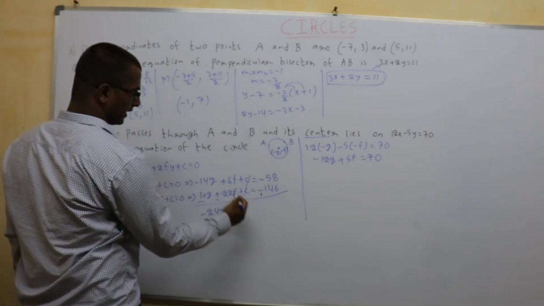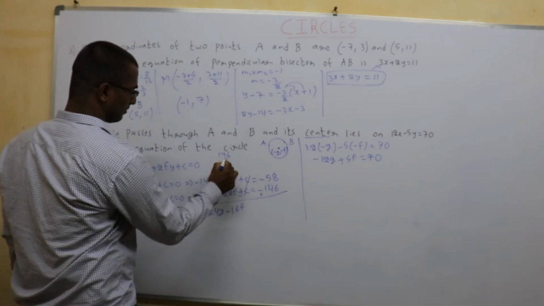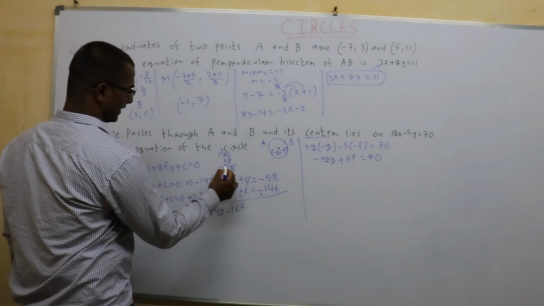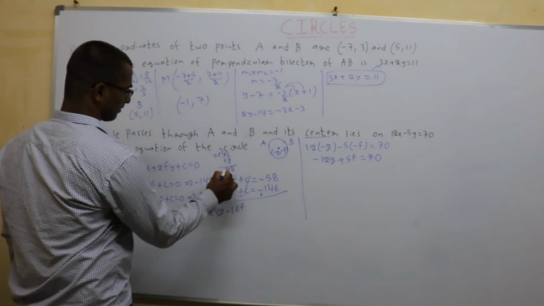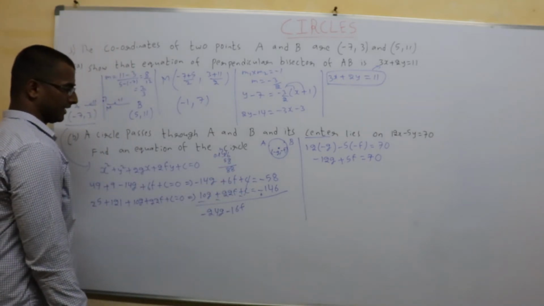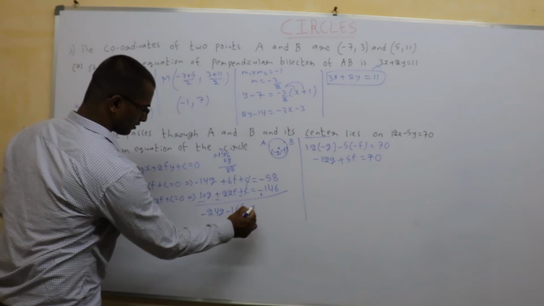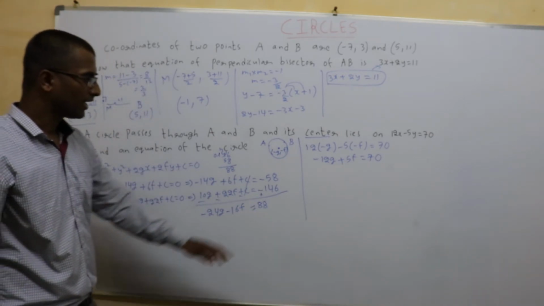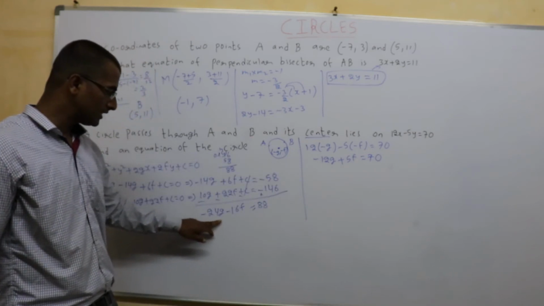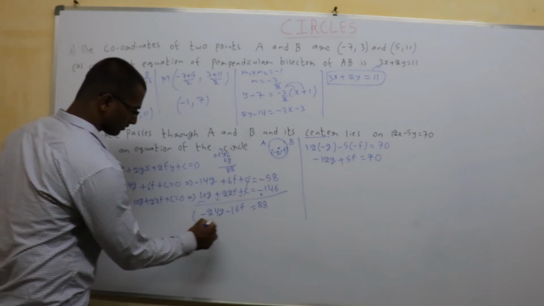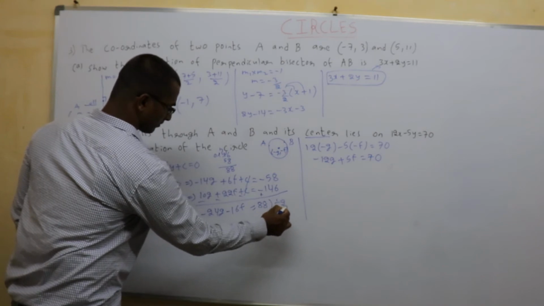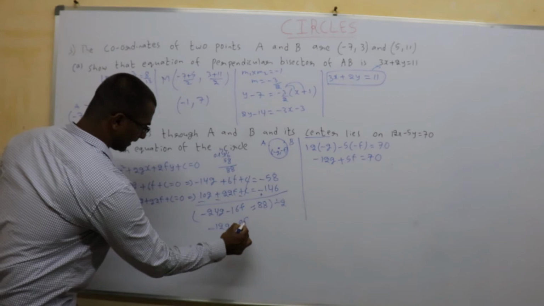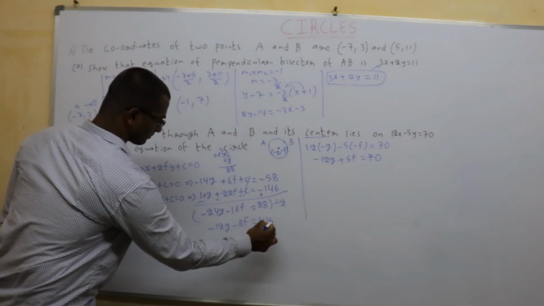Here 146 minus 58, how much will you get? 88. So equal to 88. Right? I have here 12g. To get 12g, I divide by 2. So I get minus 12g minus 8f equal to 44.